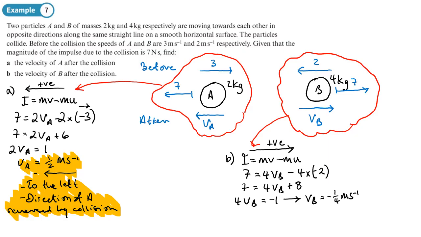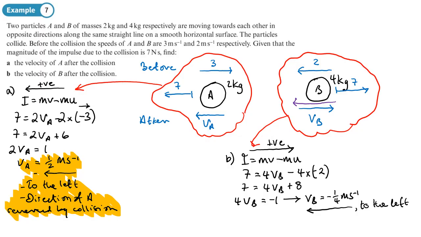Now what does that tell us? Since I assumed it was going that way and I got a negative, that actually tells me that VB is going that way. So again, I can do the arrow, or I can say that it's to the left. Now since I've actually worked out that VB is travelling in this direction, in that purple arrow, it means that the direction of VB is not reversed, the direction of VB is maintained.